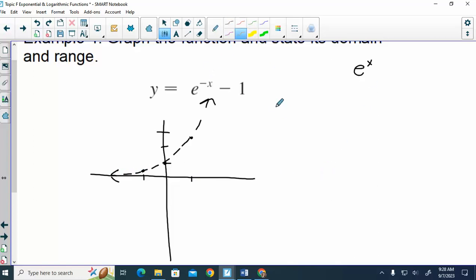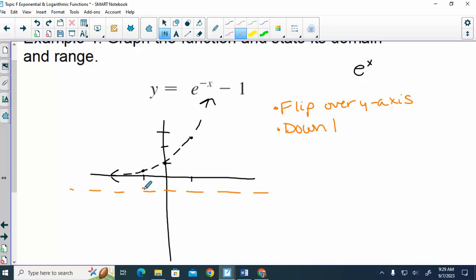Transformations. What would the negative on the x do? Over. And what would the -1 do? So I currently have a horizontal asymptote at 0. So if I go down 1, my horizontal would be at -1.